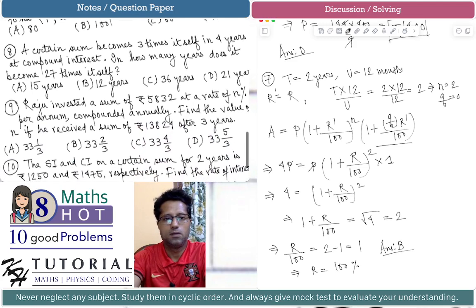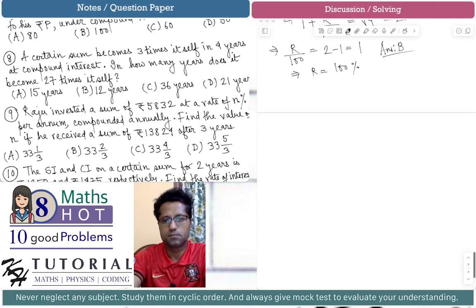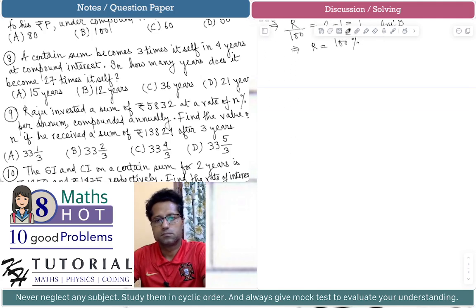Okay, let's do problem number 8. A certain sum becomes 3 times itself in 4 years at compound interest.